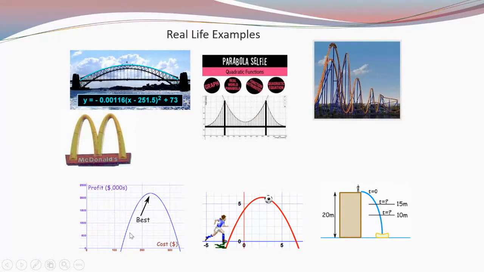This is a maximum, right? And also this is a maximum. This is also a quadratic equation or quadratic function. And I believe last week is where we found the vertex of these quadratic equations. But for now, guys, I'm just showing you examples of quadratic equations.